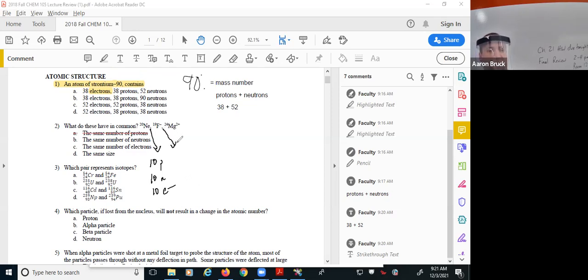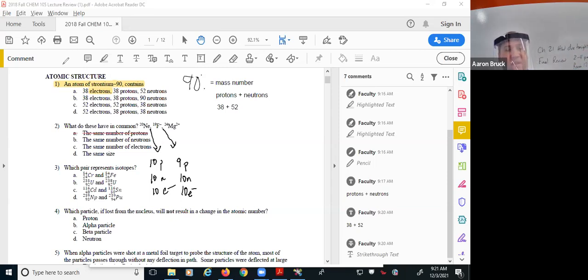The fluorine, element number 9, I've got 9 protons, I've got 10 neutrons, and I've got, because of the -1 charge, an extra electron. So after looking at those 2, we've already eliminated protons anyway. Neutrons and electrons are still both the same.